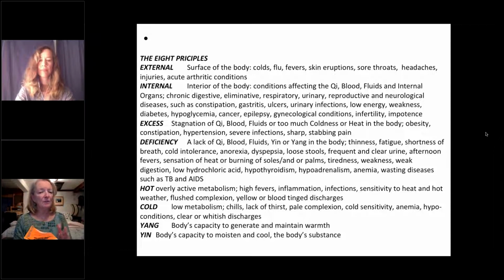They are never really described as just deficient yin or excess yang, or deficient yang. Instead, it will be deficient yin of the stomach, deficient yin of the liver, deficient yin of the lungs or the kidneys, or deficient yang of the spleen, or deficient yang of the heart. Will be termed like that.